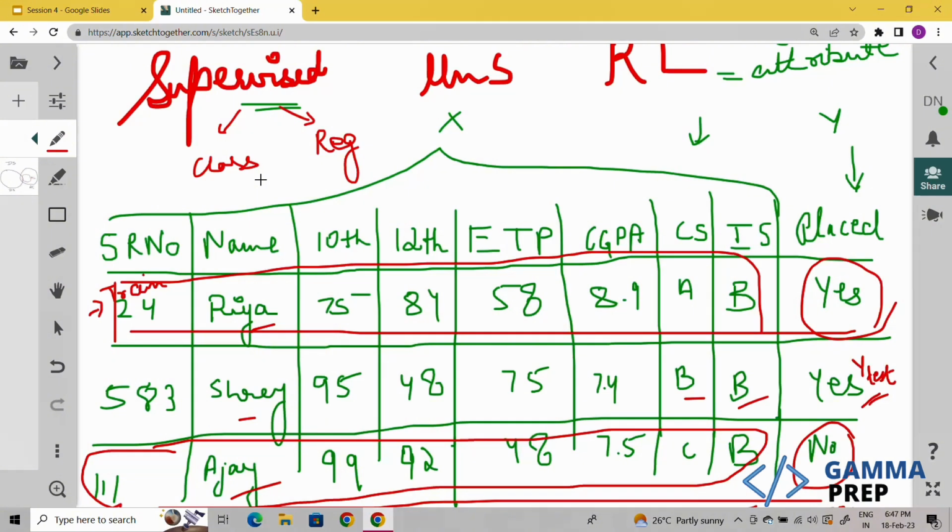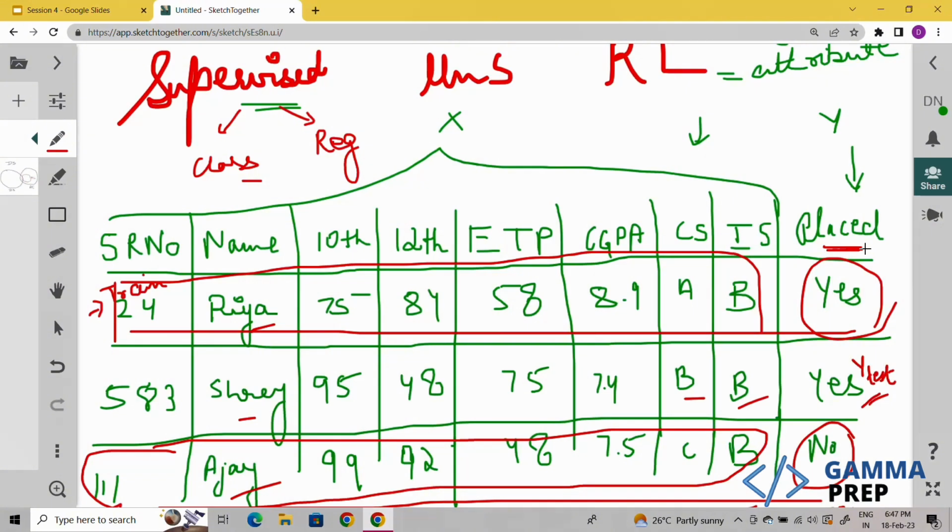But the main difference is, in classification we are predicting a categorical variable. What does that mean? That we are predicting a variable which has some fixed number of categories only. So if you see, the placement status is yes or no. It cannot be anything else. We already know beforehand that these are the two possible answers only.